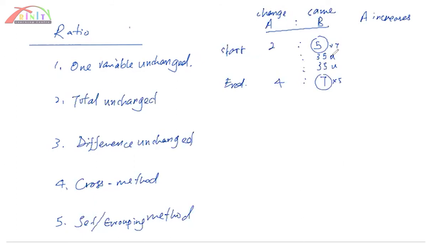And that also means that you must multiply the same number to the front. You will get 14 units here, 20 units here. The difference will be 6 units, and whatever this number is, 6 units is that number. This is one variable unchanged. It is the easiest of the 5 types. Okay? Now I'll go to the second type.